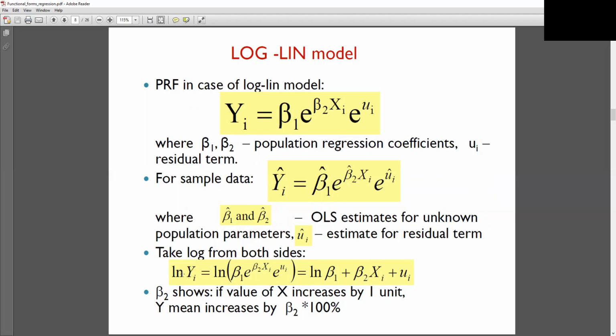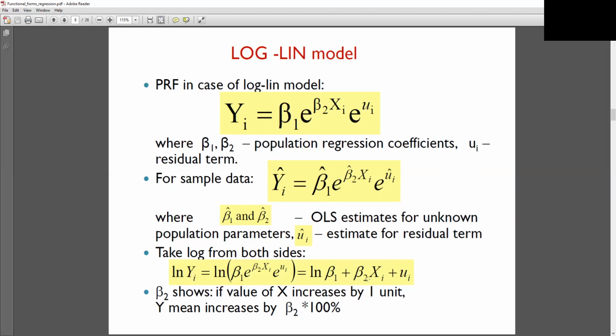This is why it is called the log-lin model. So how to interpret here? If x increases by 1 unit, then y increases by beta 2 times 100%.